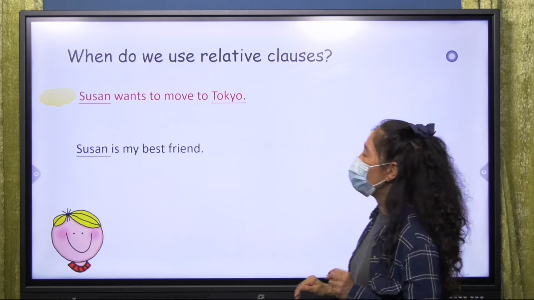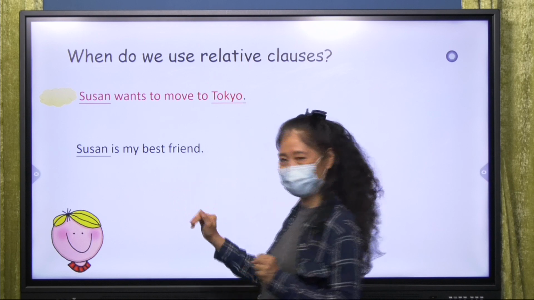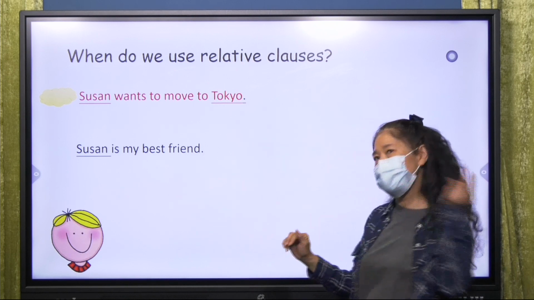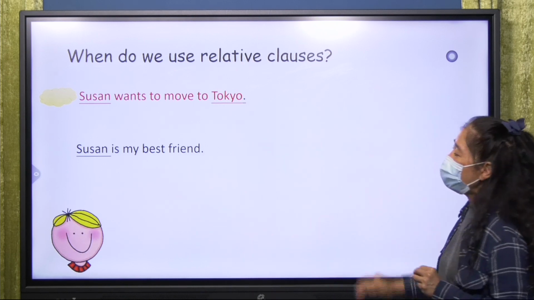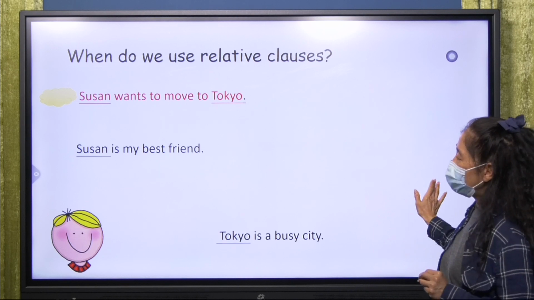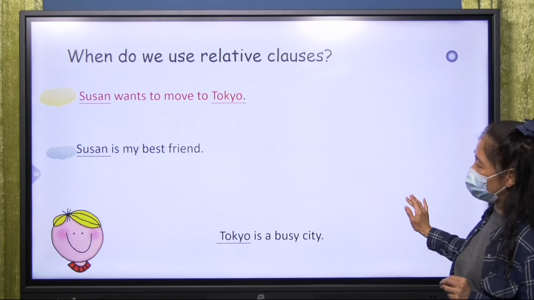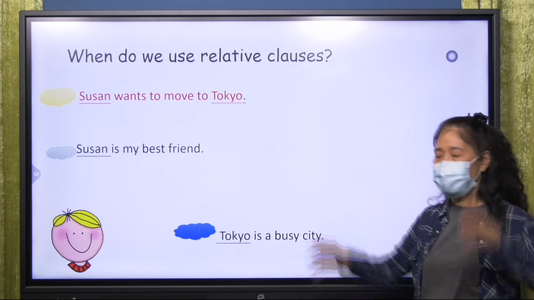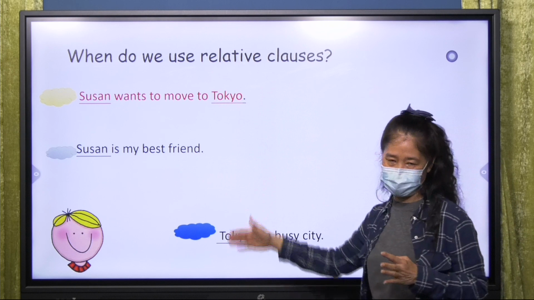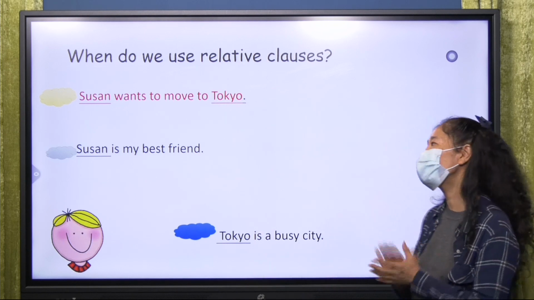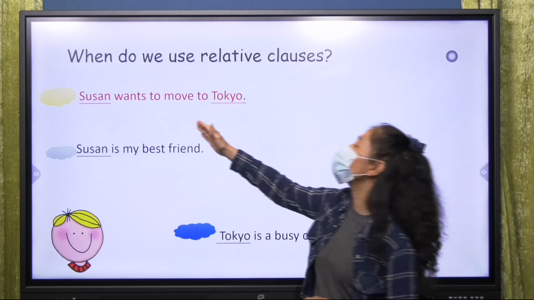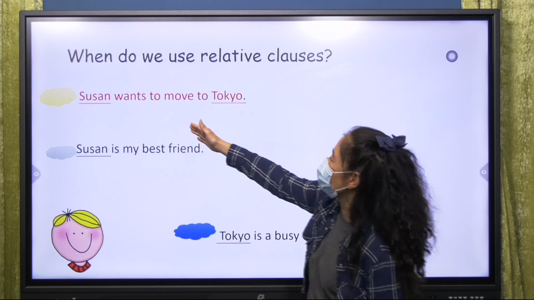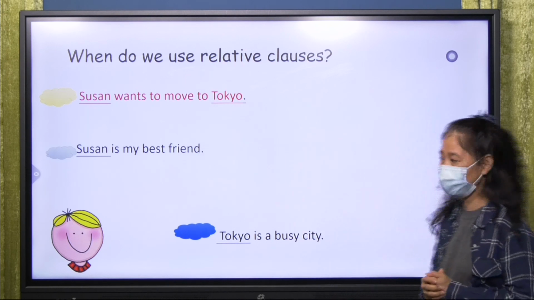And the second one I want to say: Susan is my best friend. This is the second thing I want to say. And the third one is, Tokyo is a busy city. So in my mind here, I have three things I want to express, but mainly I want to tell you Susan wants to move to Tokyo.